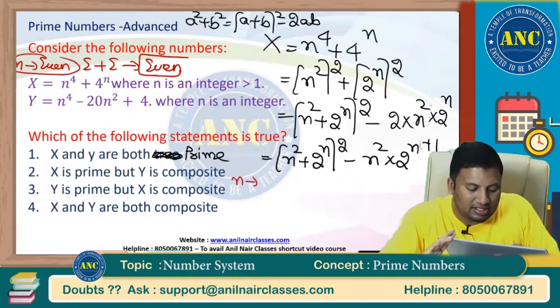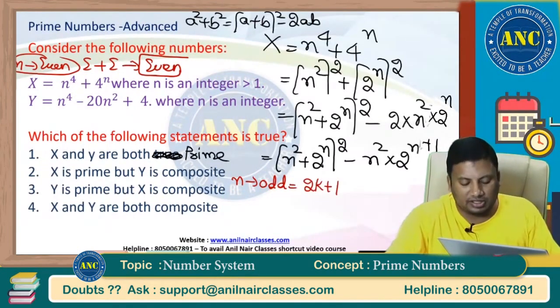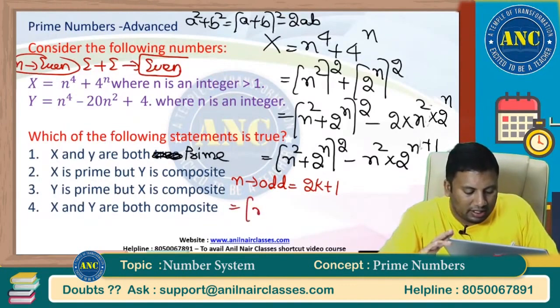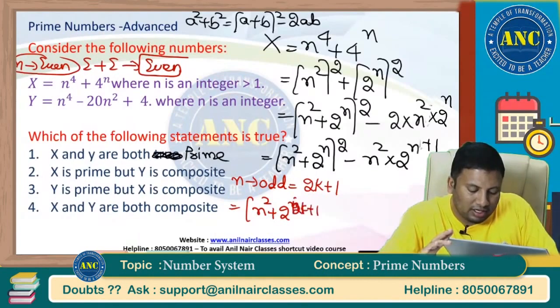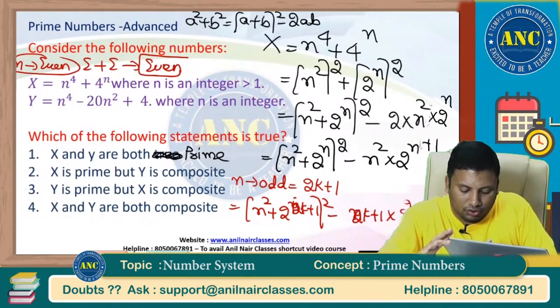If n is an odd number, it is of the form 2k plus 1. K can be 0. So this is n square plus 2 power n, with 2 power 2k plus 1, whole square minus n square into 2 power 2k plus 2. 2k plus 2 is nothing but k plus 1 whole square.